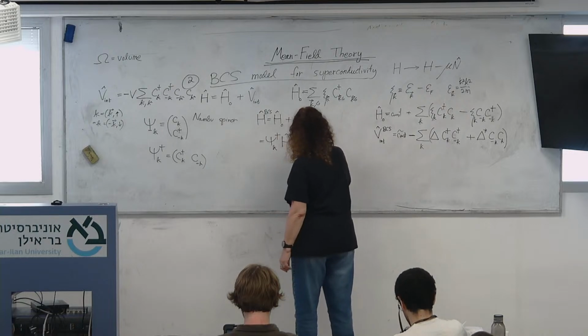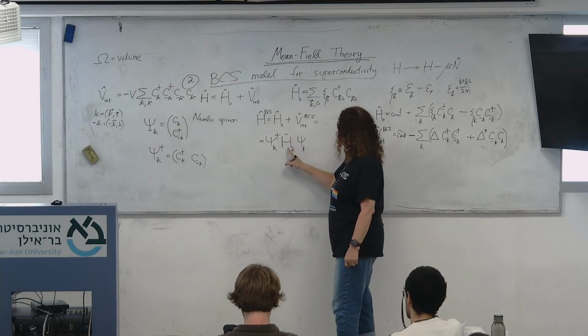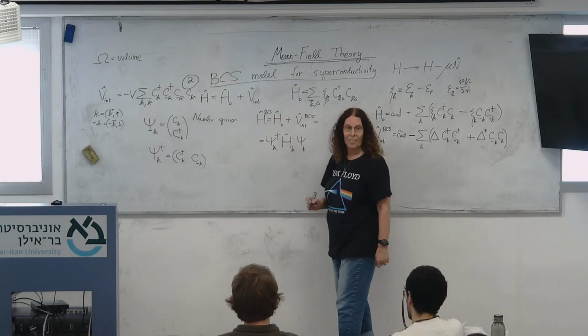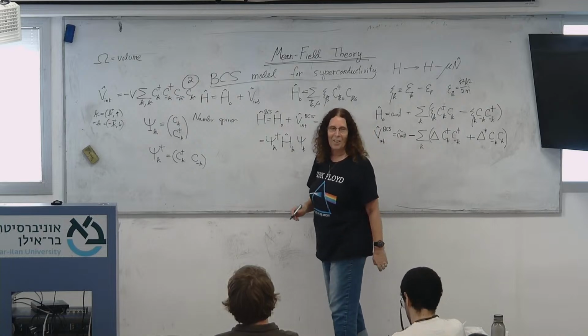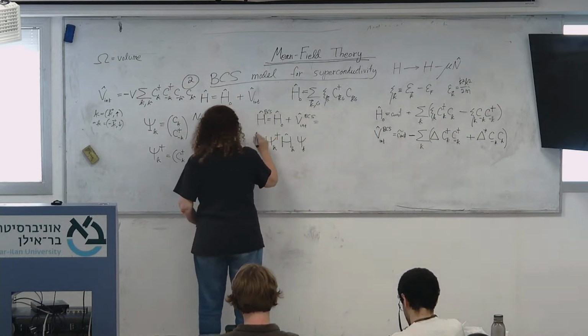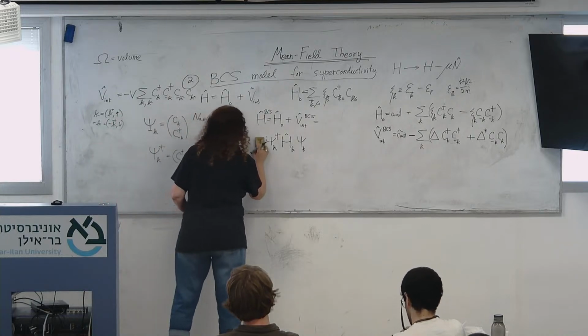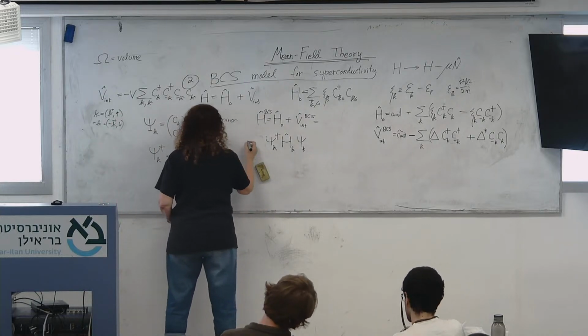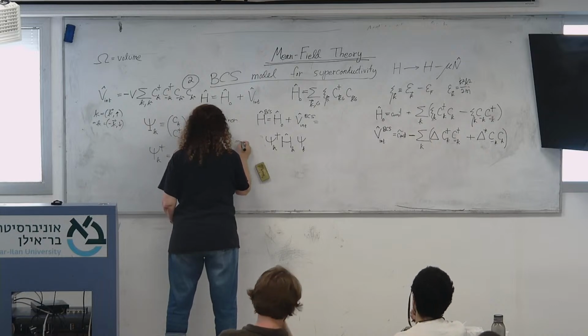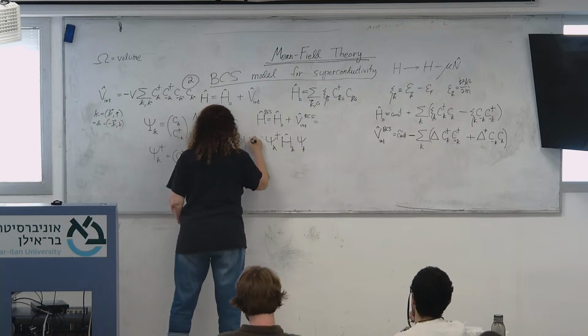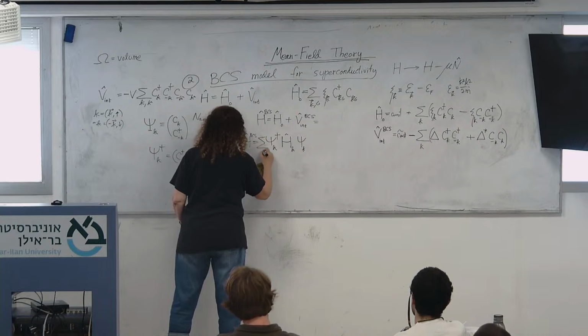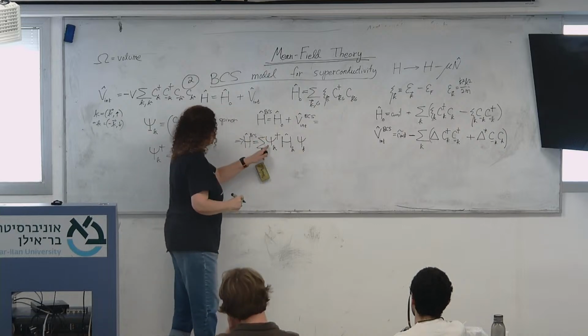It's a matrix, diagonal in k space, sorry. And of course there is a summation over k. I'll just write it again. So H_BCS is a sum over k of such terms.